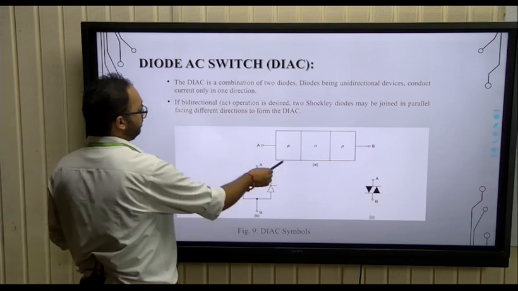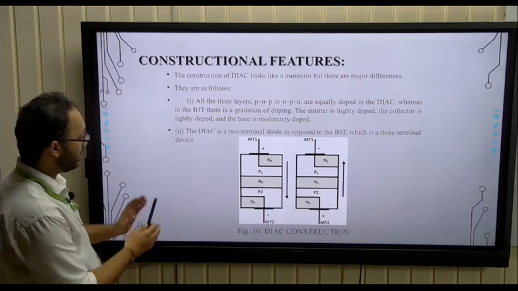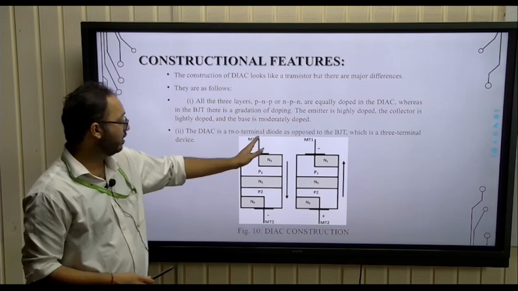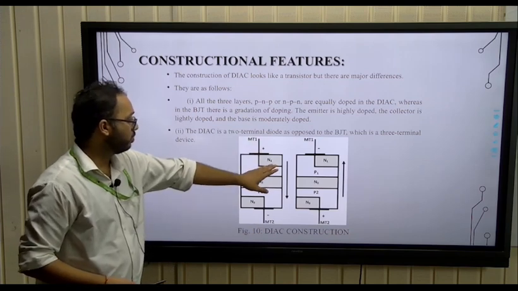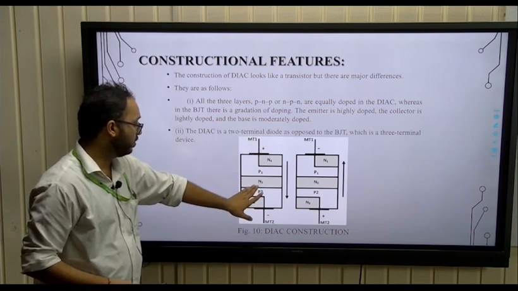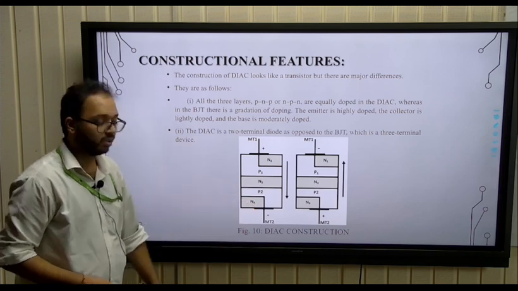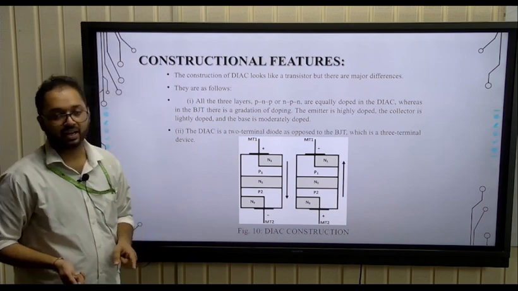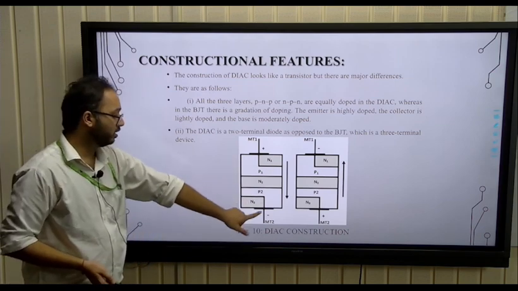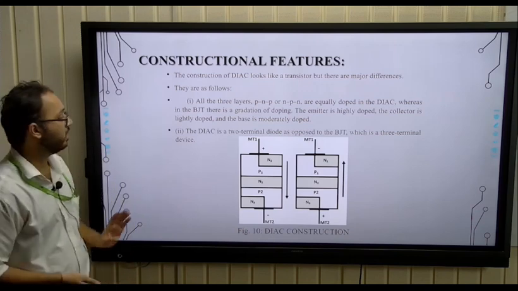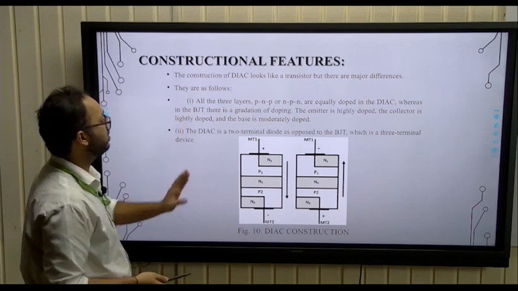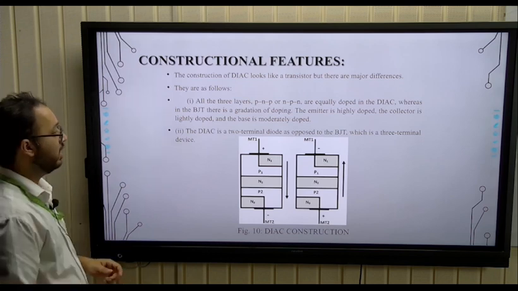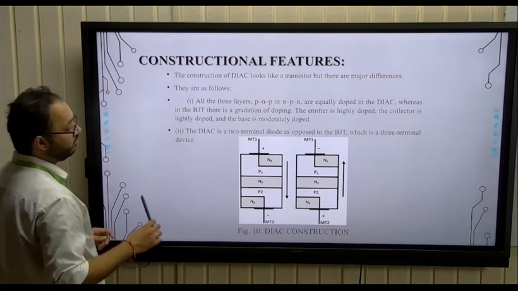How is it working? The construction of the diac looks just like what I have made here: you have one terminal and a second terminal, both connected to N1, P1, N2, P2, N1. Whether you apply positive or negative, the junction will turn on and it will conduct. As you can see, all three layers of PNP or NPN are equally doped in the diac, whereas in the BJT there is a grading of doping.